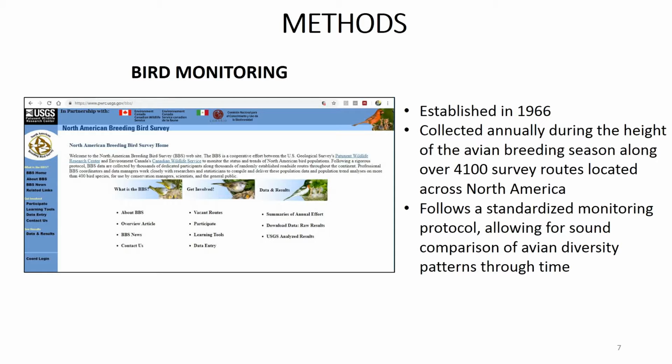This program was established in 1966, and they collect bird information during the height of the avian breeding season along over 4,100 survey routes across North America, and it follows a standard monitoring protocol. So it allows studying avian diversity patterns through time.